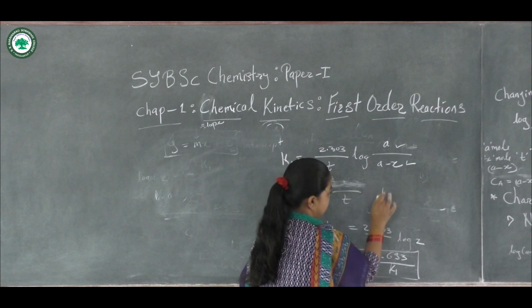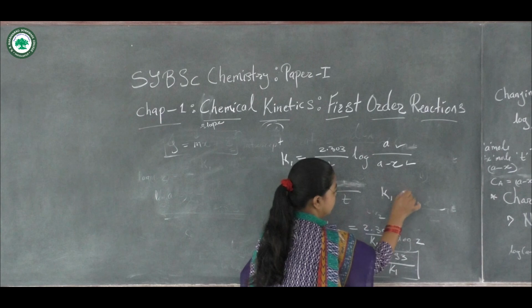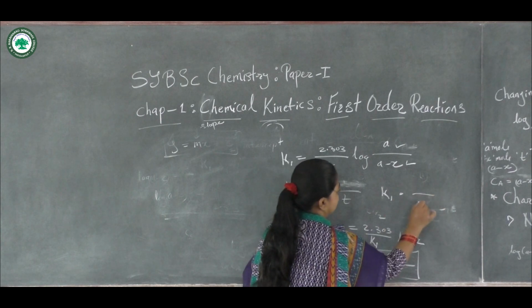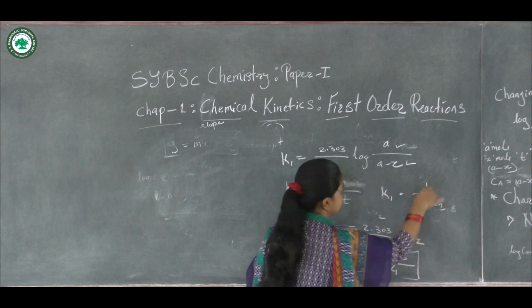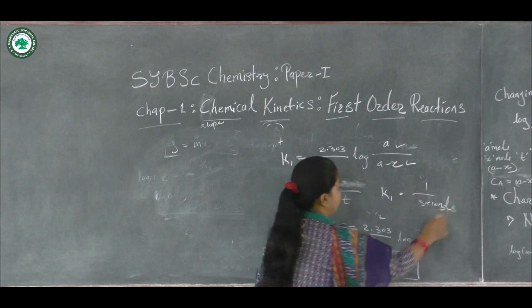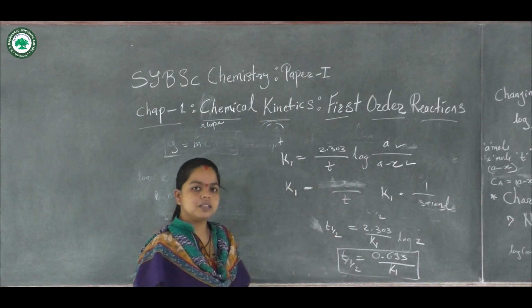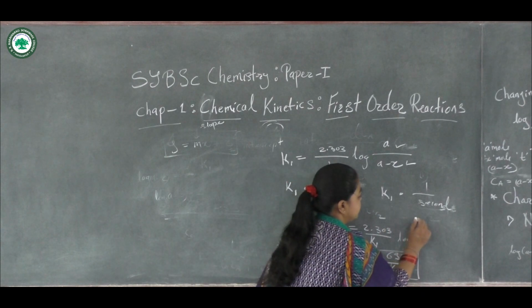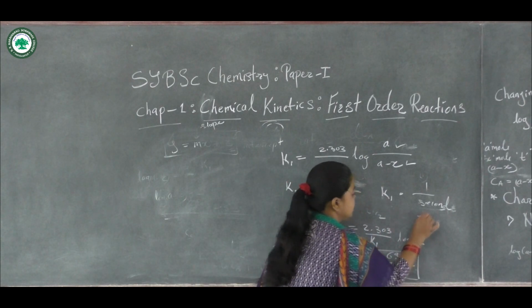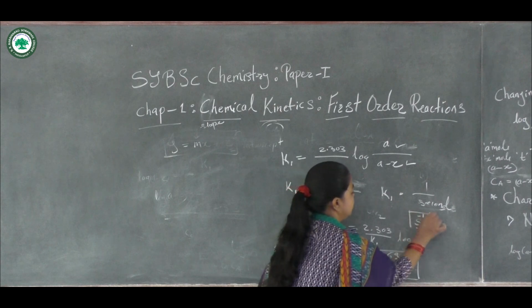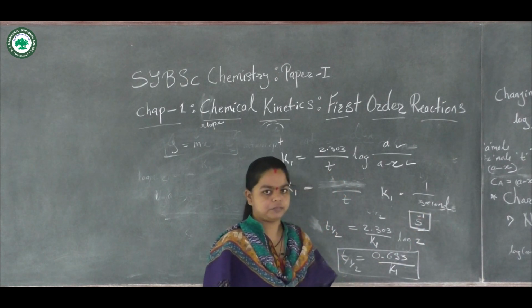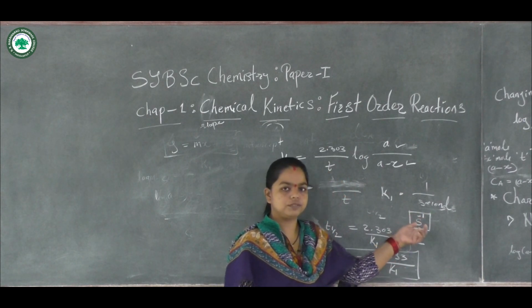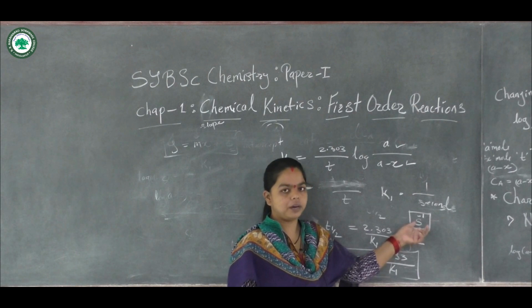So the unit of K1, if the time is recorded in seconds, becomes 1 upon time, that is inverse second. So the rate constant is measured in per second. So the unit for the first order reaction is per second.